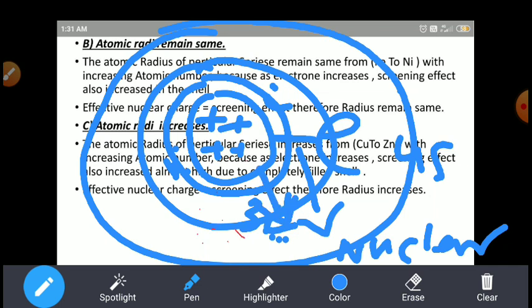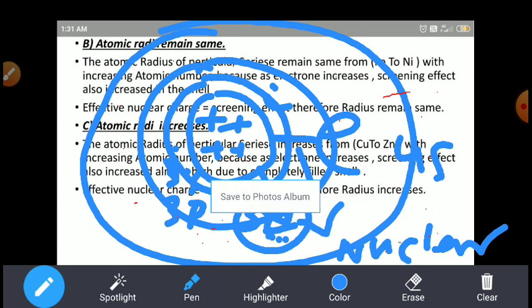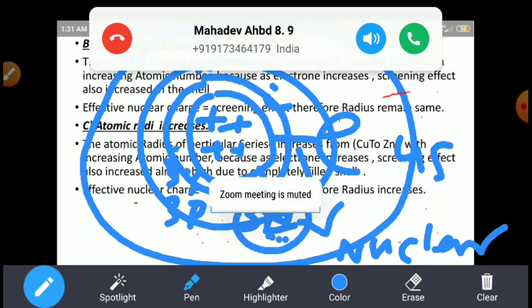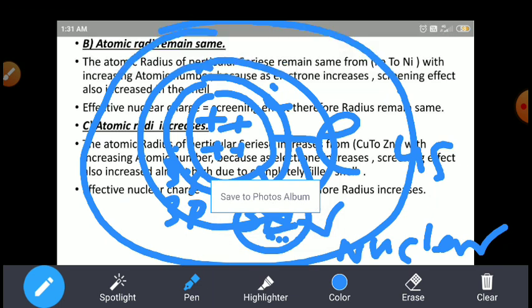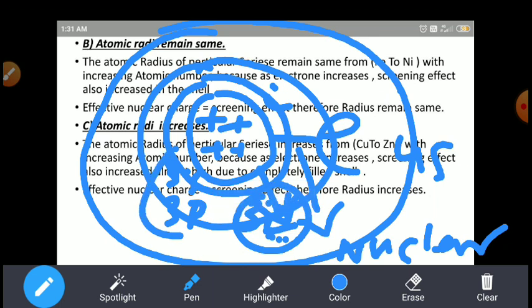The same amount of repulsion is experienced by the d orbital from the 3s and 3p orbitals. Whatever amount of nuclear attraction the 3d orbital is getting, the same amount of repulsion is experienced from the 3s and 3p.